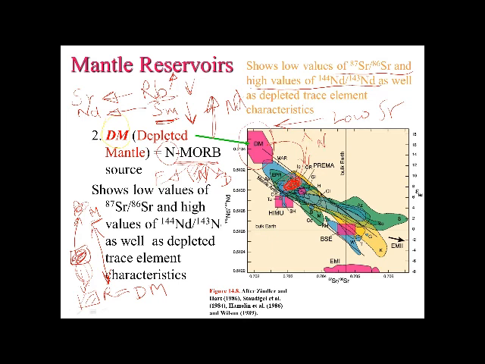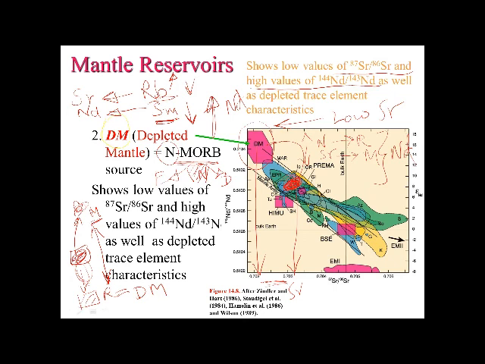Neodymium is high in the residue, and strontium is low. Or in other words, strontium is high in the melt. So that's why this MOB has high strontium compared to the depleted mantle value. So this difference is there in strontium, and also in neodymium. This is the concept behind the depleted mantle and the MOB. They are complementary to each other.